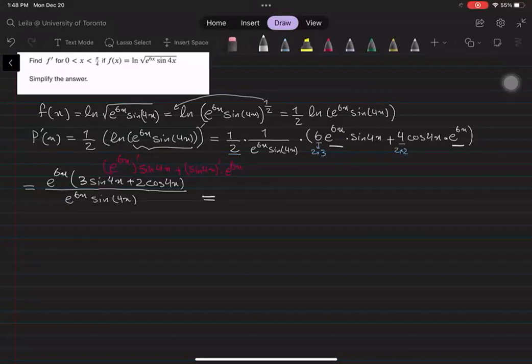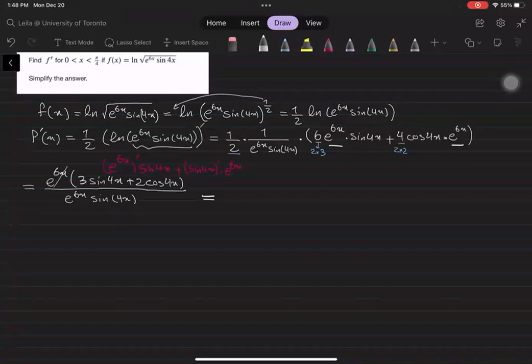So you can get rid of the e to the power of 6x, and you have 3 sine of 4x over sine of 4x.